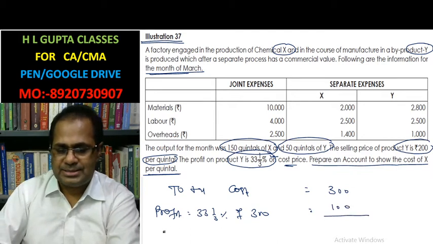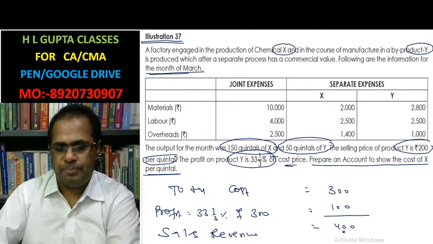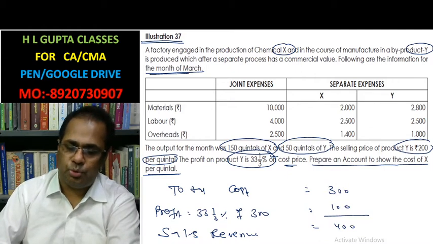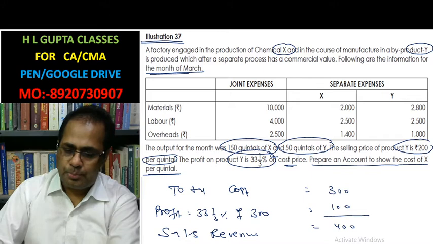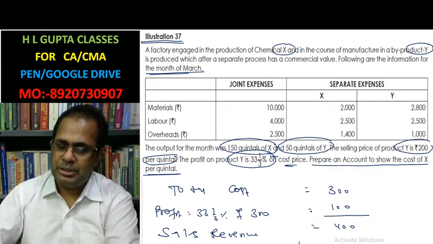Then sales revenue will be 400. Now profit percentage on sale we can calculate: 100 divided by 400 into 100, that equals 25%.